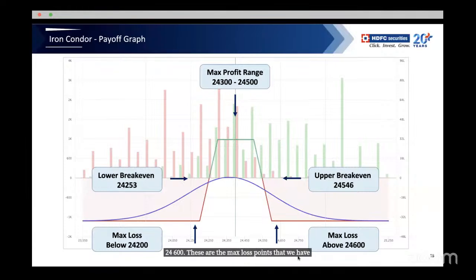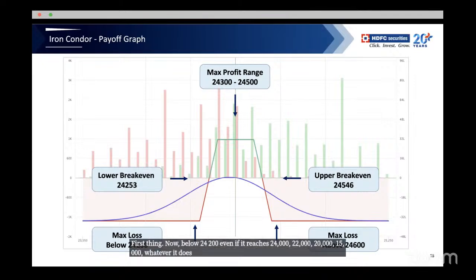If it crosses 24,200 on the downside, we will hit our max loss. Now below 24,200, even if it reaches 24,000, 22,000, 20,000, 15,000, whatever it does, our maximum loss does not change.